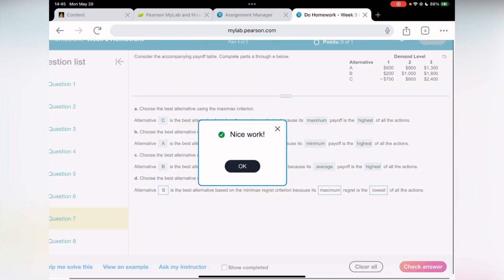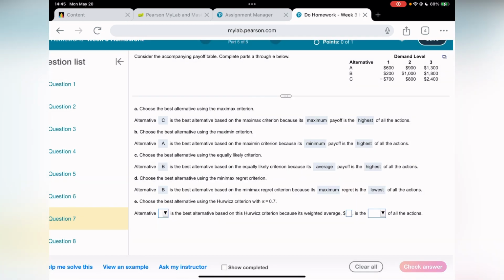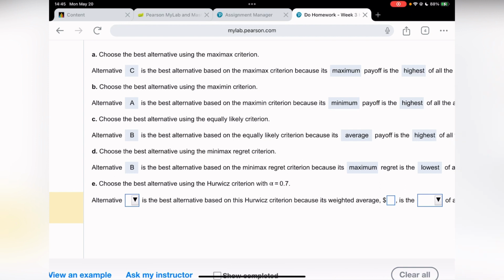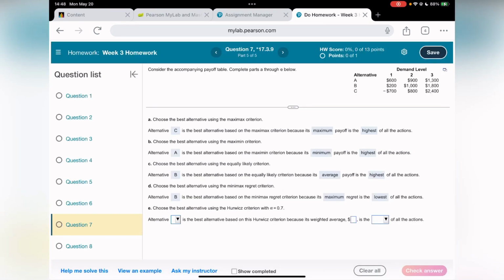Okay, and let's work on our E. The best alternative using the Hurwitz criteria with alpha 0.7. Let me tell you what the Hurwitz criterion is.